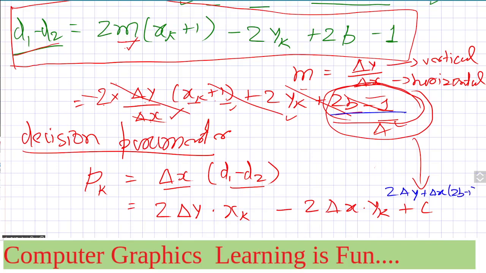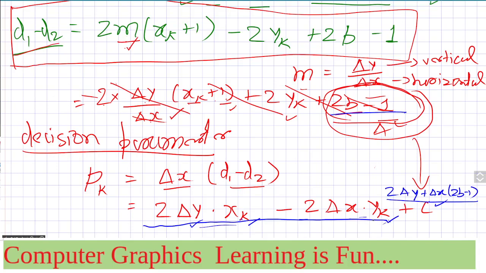This will be your c. But the thing is, it is independent of decision. This is something which will lead to the decision, delta y into xk, and this is yk. These are the two things which will work for it: 2 delta y into delta x minus 2 delta x yk.